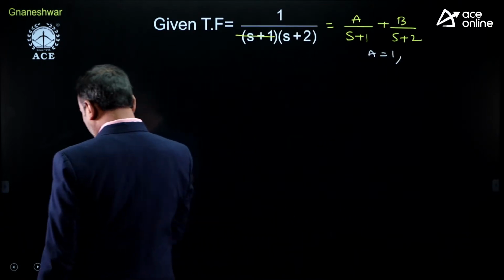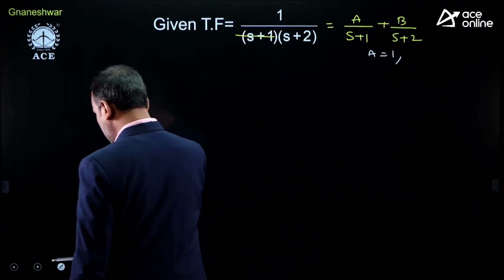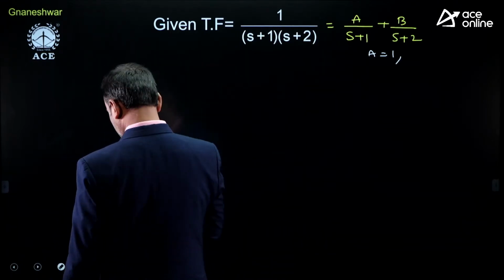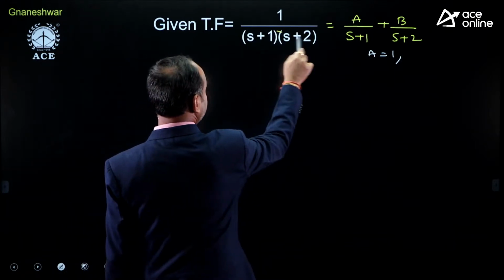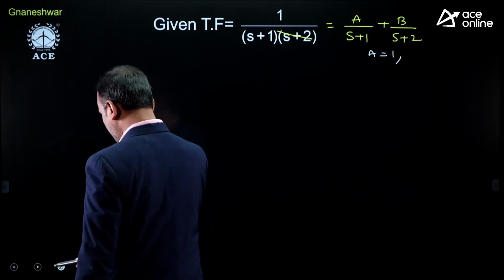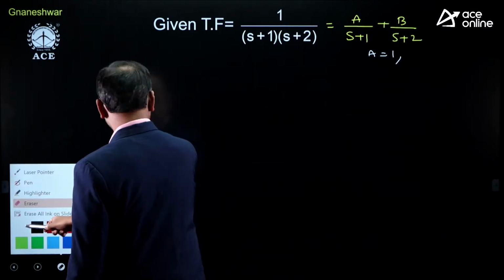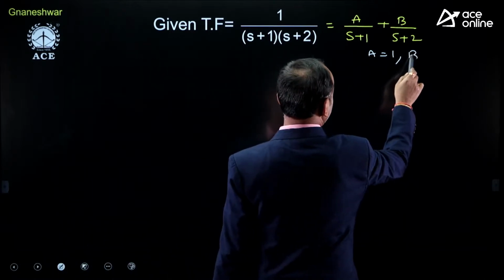To get the B value, substitute S equal to minus 2 in everything except this term, giving minus 2 plus 1, so B equals minus 1.